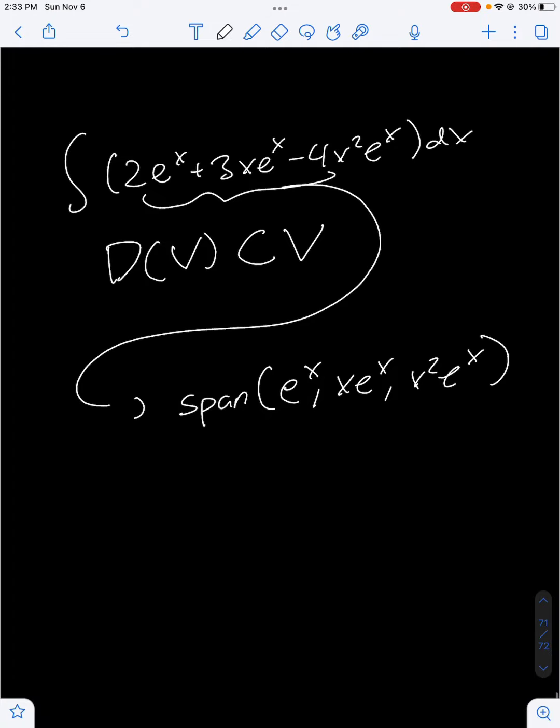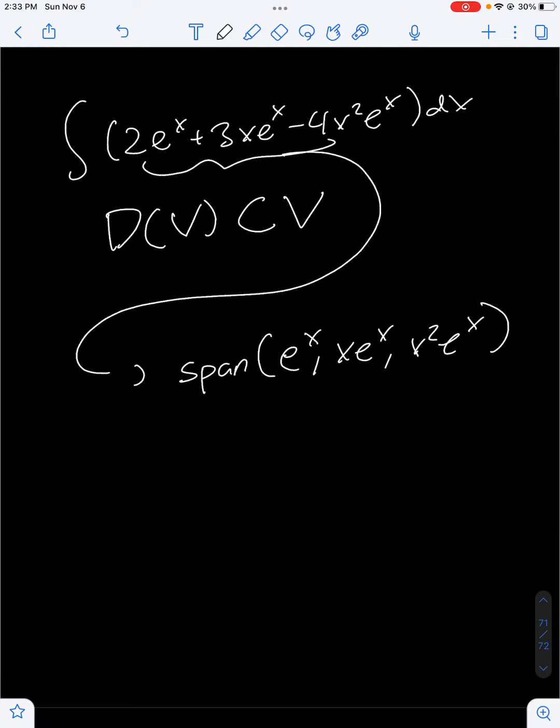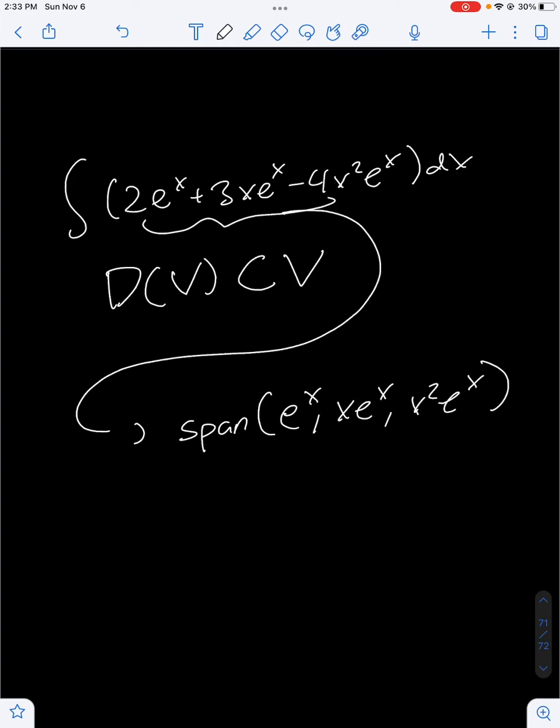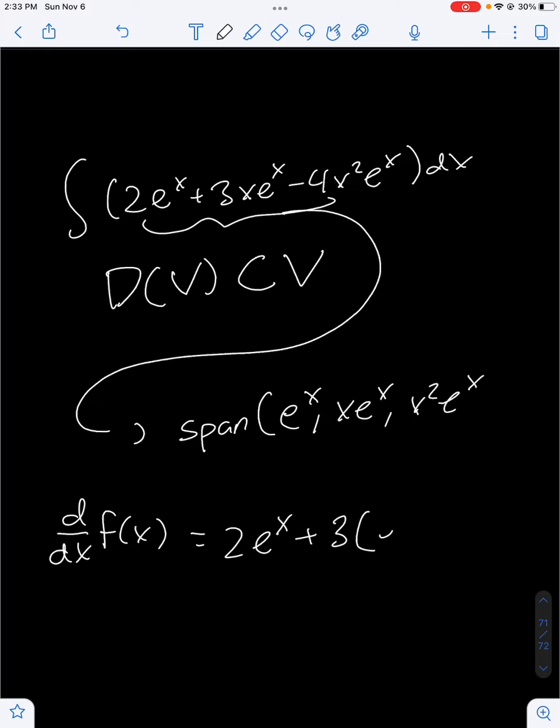So, the derivative operator is going to be in the span, because the derivative of the term inside, let me make this a bit nicer to read, is going to be 2e^x + 3e^x + xe^x - 4 times 2xe^x + x^2 e^x.